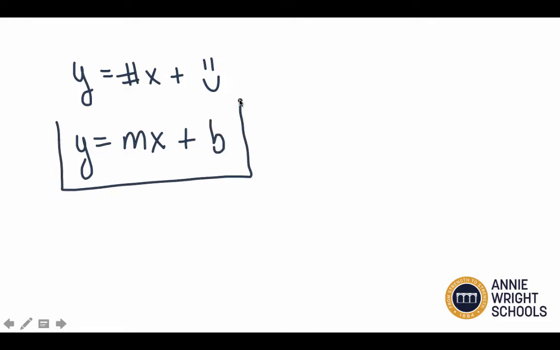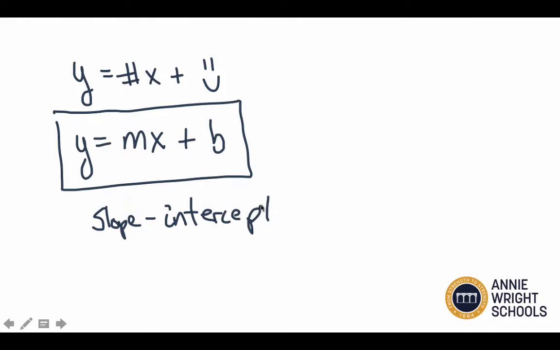And this form of a line is called slope-intercept form. It's called slope-intercept because it gives you the slope and it gives you the intercept.